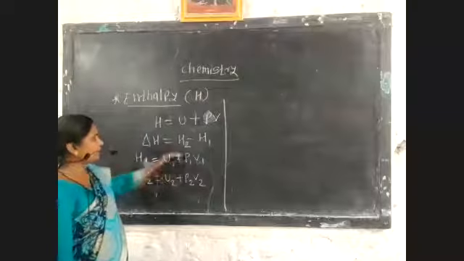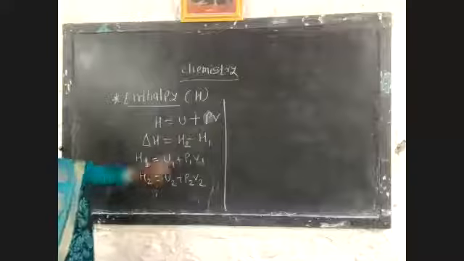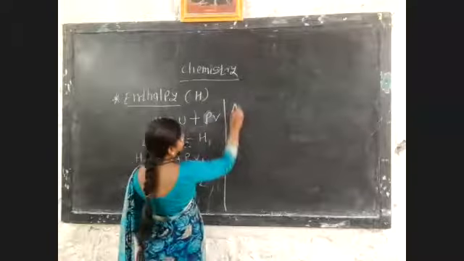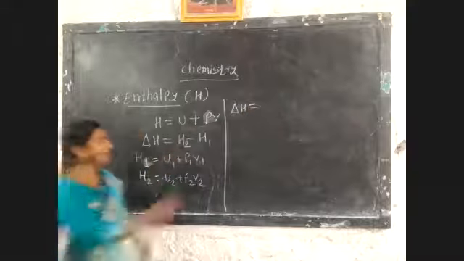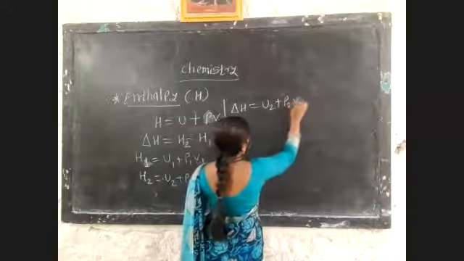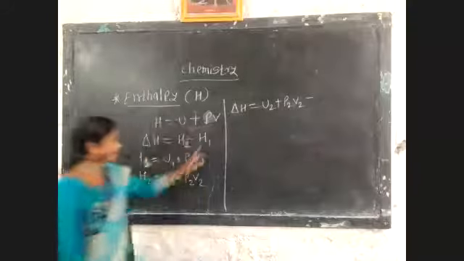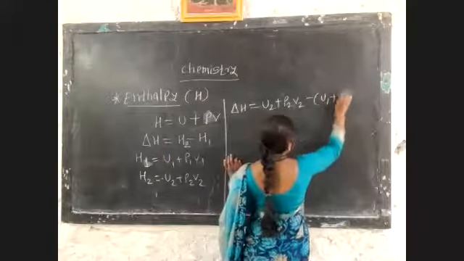Then when we combine these equations, or put the values of H1 and H2 in this equation, we get that delta H equals H2 च्या जागेवर काही व्हॅल्यू टाकली तरी U2 plus P2 V2 minus H1 च्या जागेवर व्हॅल्यू गेली तर पुट केली तर येईल U1 plus P1 V1.